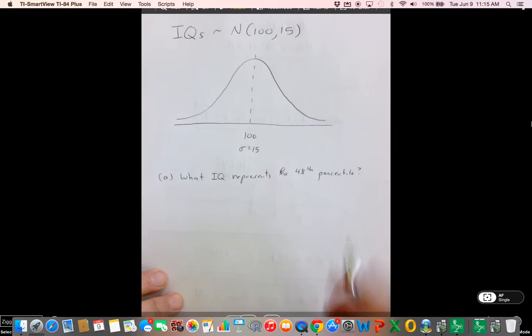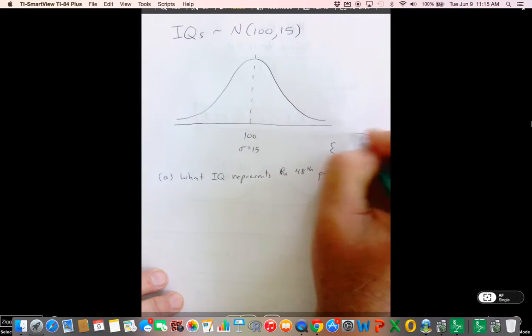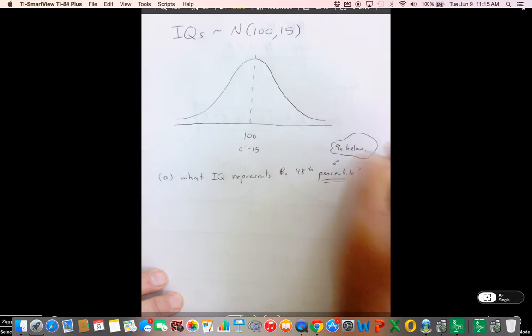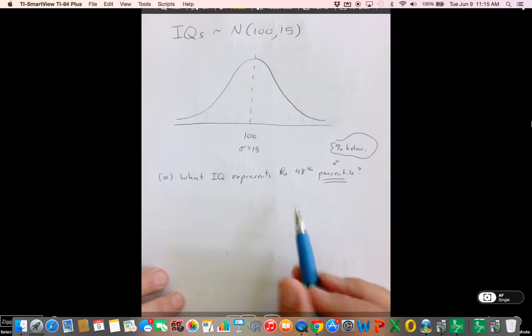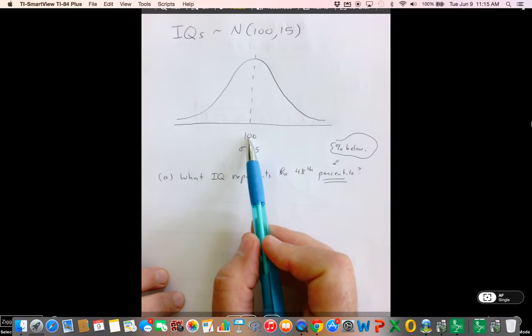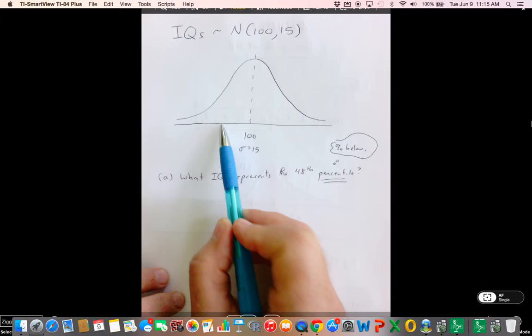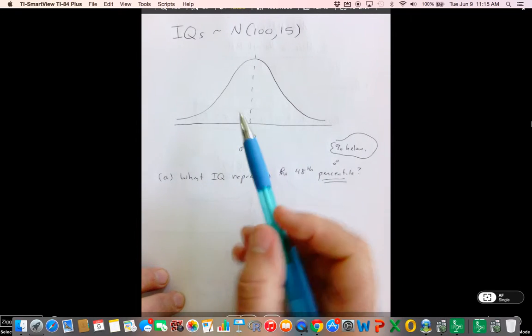Now, you got to think back to the definition of percentile, which I covered in a previous video. Percentile is just what? Percent below. So we can use a little bit of educated knowledge here, and we can say, well, we know that 100 is at the 50th percentile because 100, the mean in any normal distribution, splits it into two equal parts because we have perfect symmetry. All right, so that's cool.